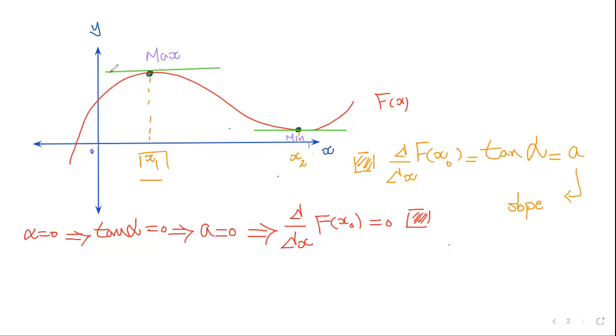Look at this. If there is any point before the x1, if you find the tangent, it is somehow parallel to y equals x. The slope of the tangent is positive. At the point which is the maximum, the slope is 0, then suddenly the slope becomes negative.